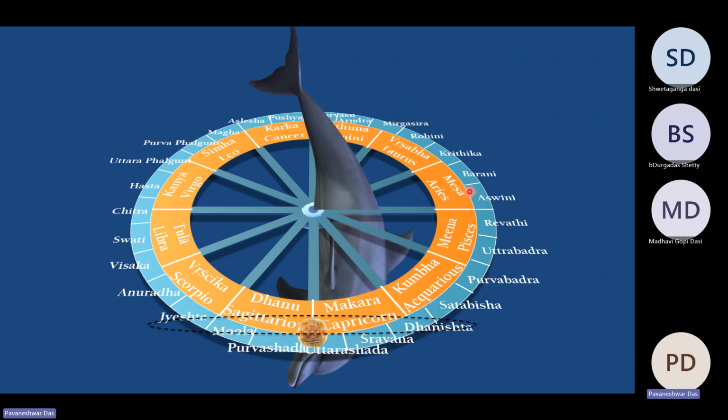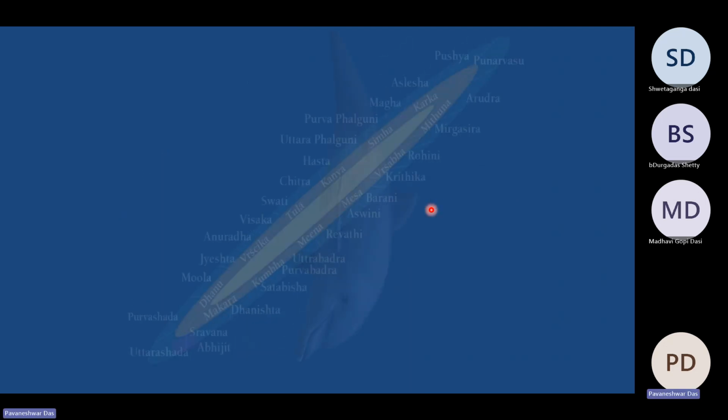And then Meena, then Mesha, Rishabha. As the Sun is going from one Rashi to another Rashi, the Sun's orbit is gradually raised. Over a period of 6 months, we see that the Sun's orbit is gradually going upward, again 6 months coming downward. So going upward is called Uttarayana, coming downward is Dakshinayana.